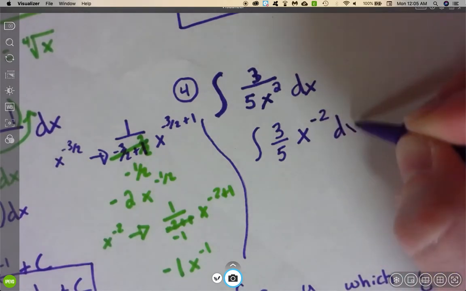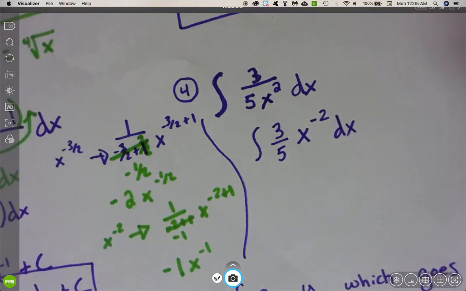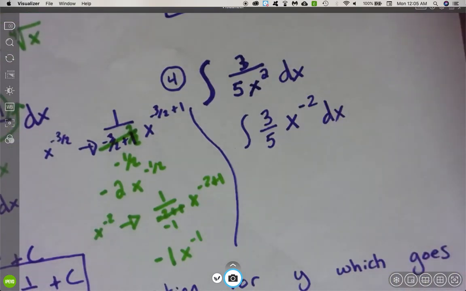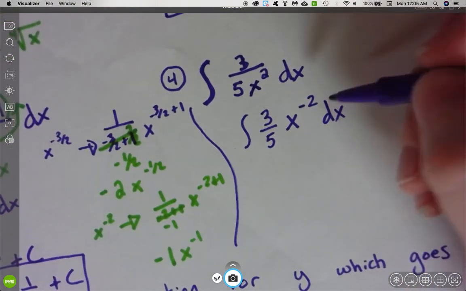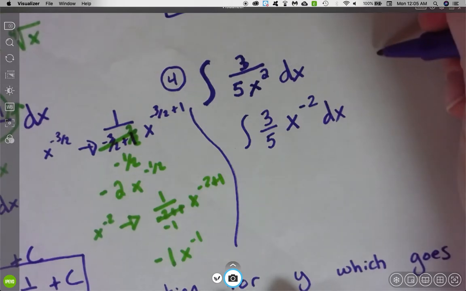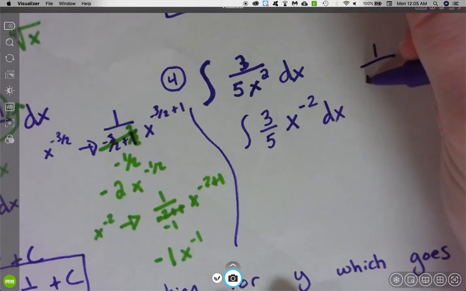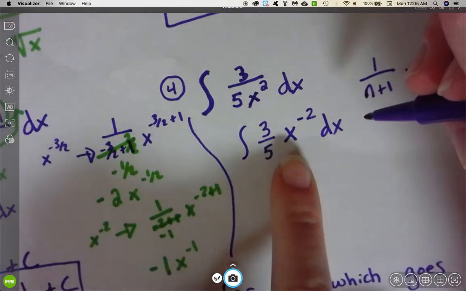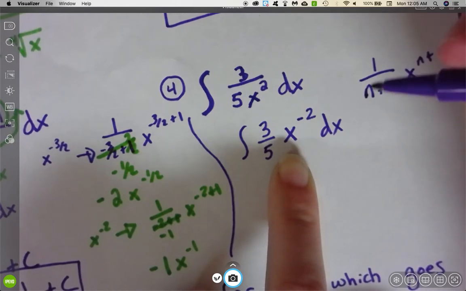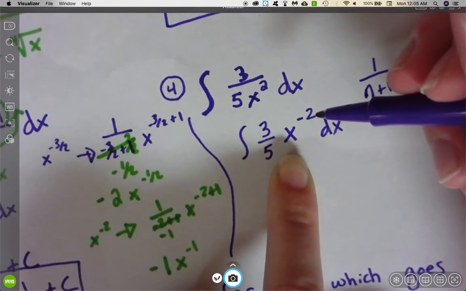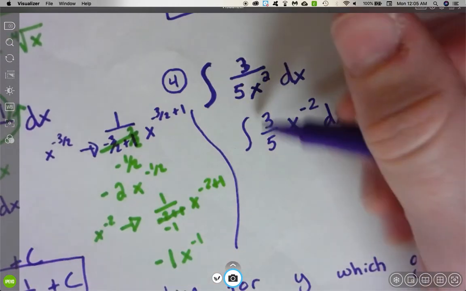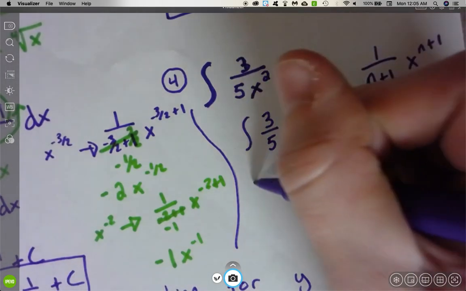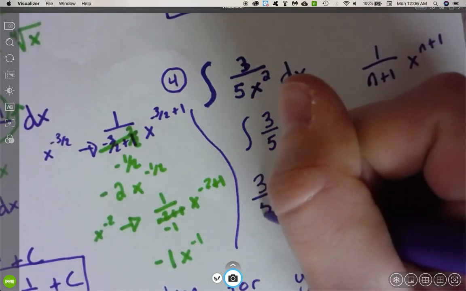Then from there, this one's fairly easy. All I need to do is 1 over n plus 1, x to the n plus 1, and in this case, my n is negative 2. Because this 3/5 is kind of ugly, I'm going to just shove it off to the side.